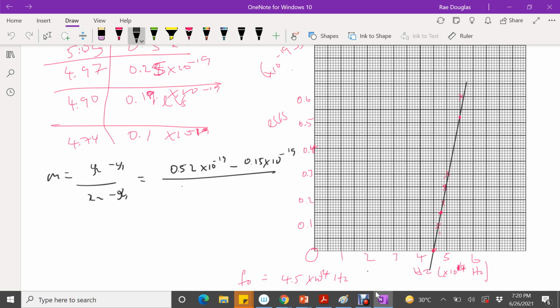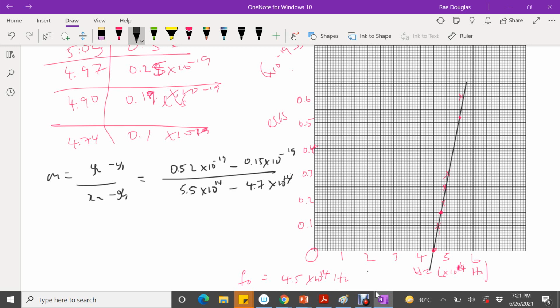The x2 value seems to be 5.5 times 10 to the 14 minus x1 now. That's going to be about 4.7 times 10 to the positive 14.